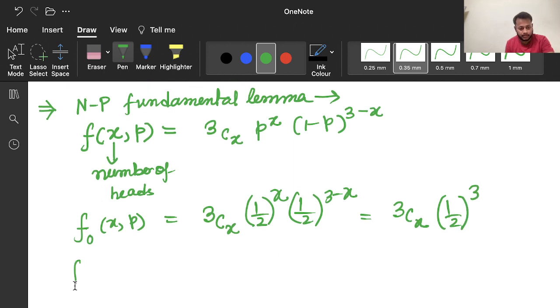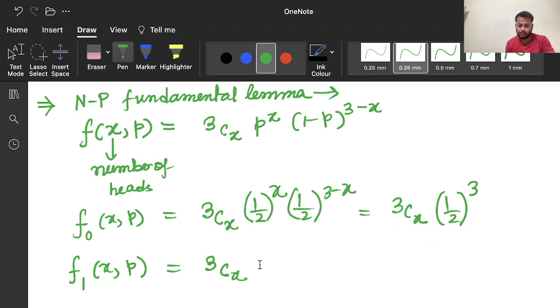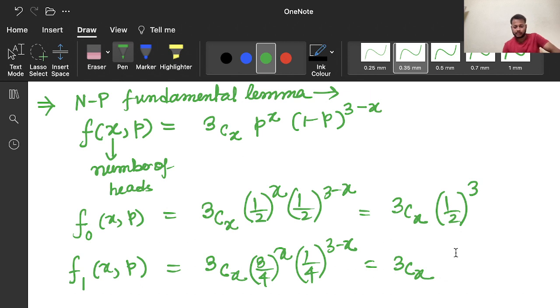Now what is the probability distribution under the alternative hypothesis? That is 3Cx, with the alternative hypothesis 3 by 4, 3 by 4 to the power x and 1 by 4 to the power 3 minus x. You can write it this way: 3Cx 3 by 4 to the power x 1 by 4 to the power minus x, 1 by 4 cube.